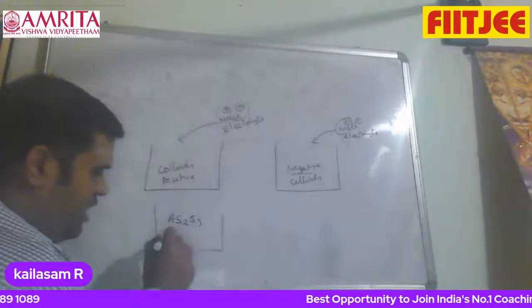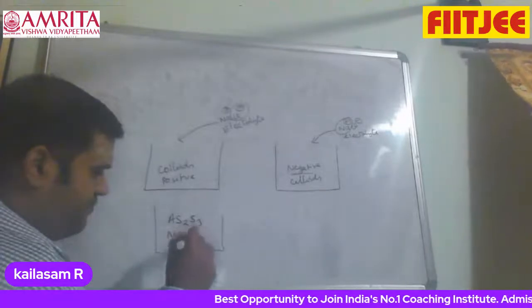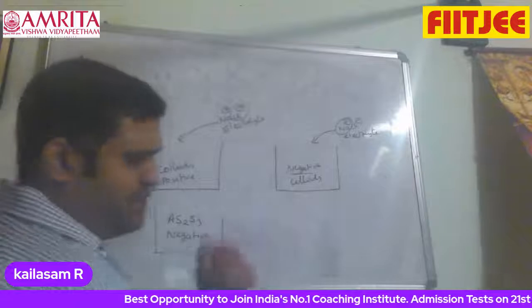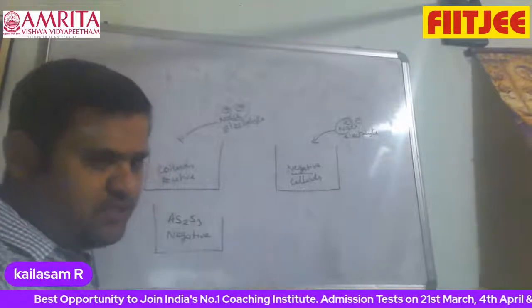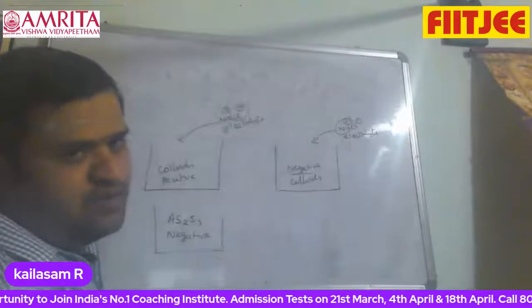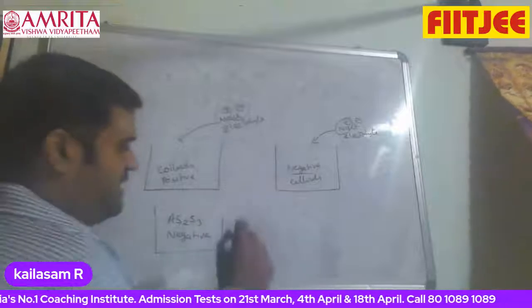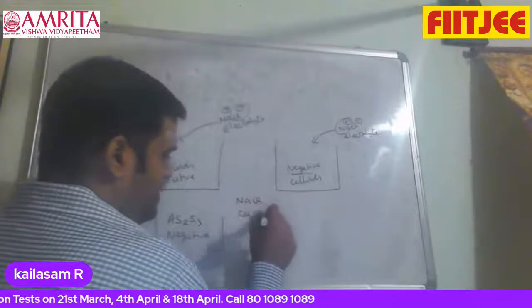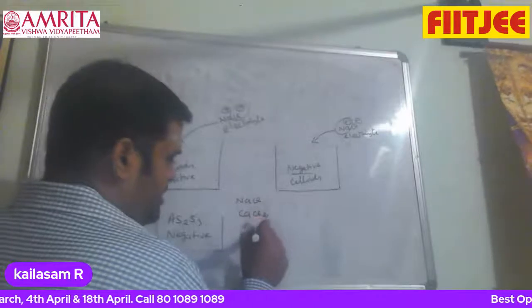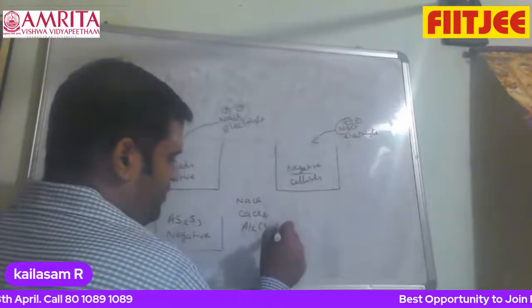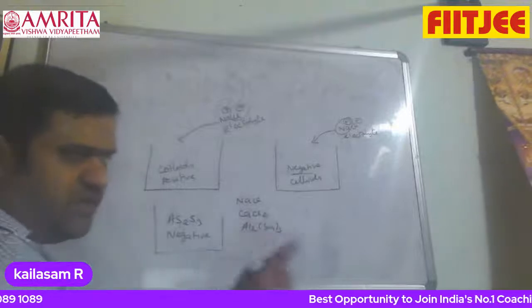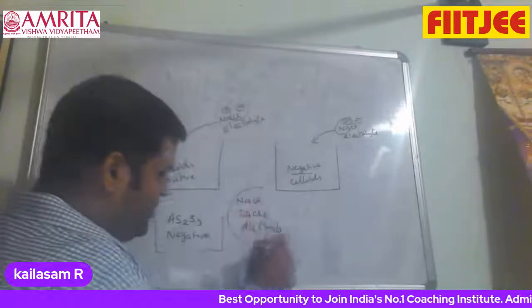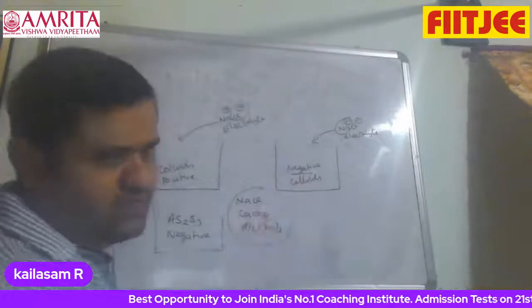This is a negative colloid, so the positive part of the electrolyte is responsible. Let us take NaCl, CaCl2, and AlCl3 to add.